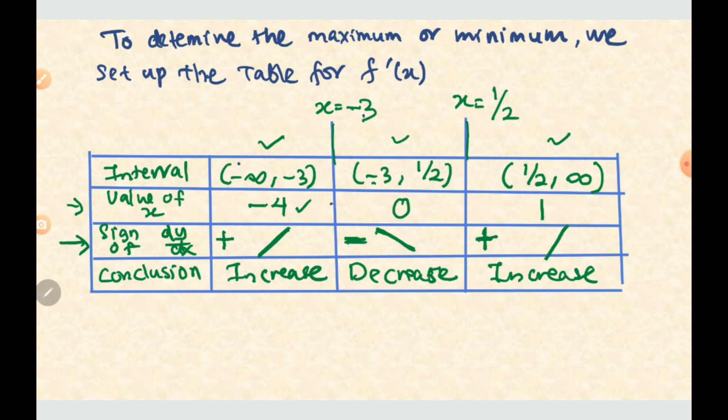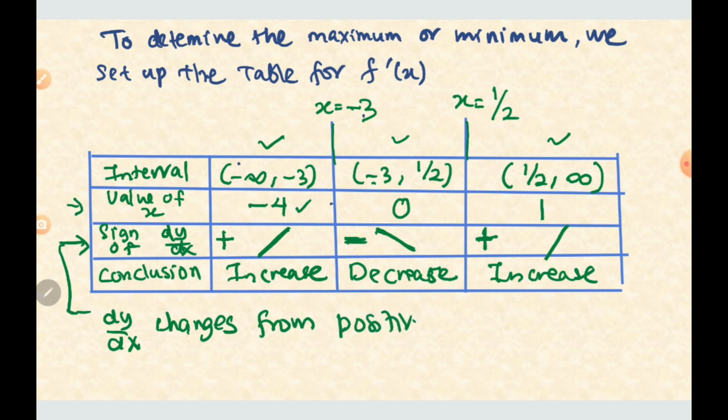So what is our conclusion from the table here? From the table, we can see that the sign for dy dx is changed from positive to negative at x equals -3.